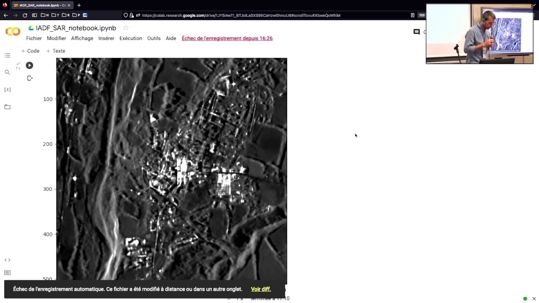So it's a good result, and we are going to compare, not only from a visual point of view but also from a quantitative point of view, the result that we got from MERLIN with the results that we got with the Lee filter and the simple multi-looking.